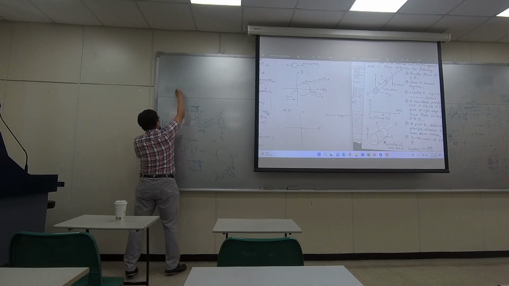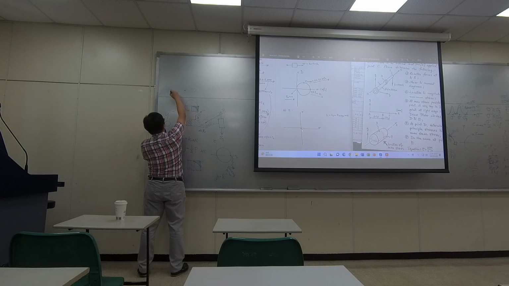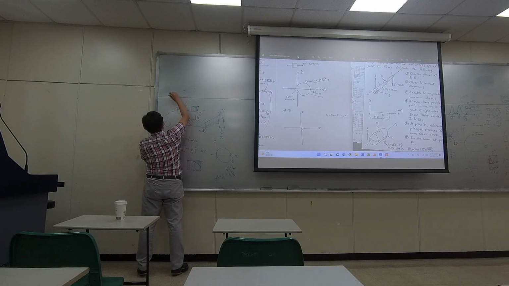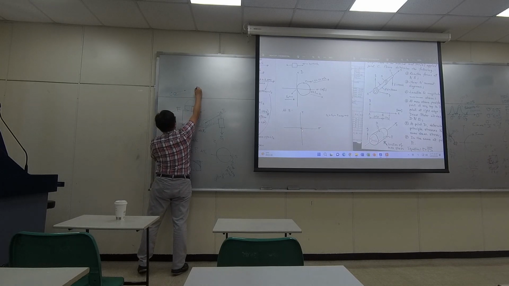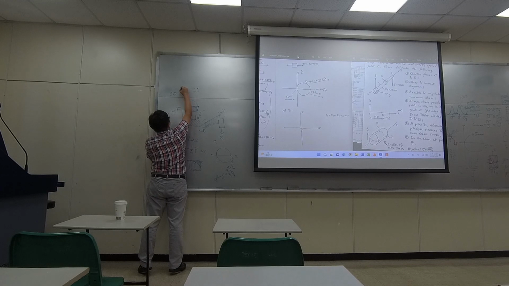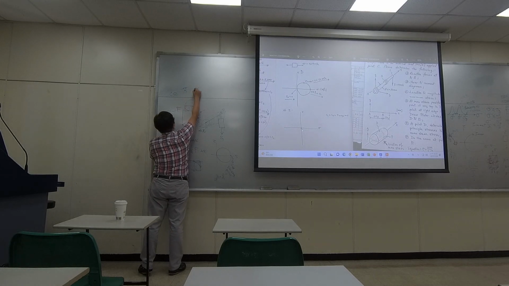So, if you have a shaft, and if you are starting from the top, and if you only have pure bending, for example, if you bend this way, over here you will have compression, right? But from the side, it's a neutral plane, right?